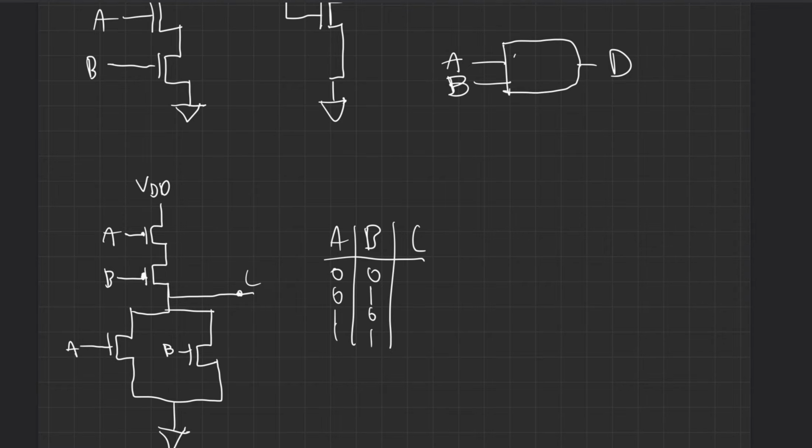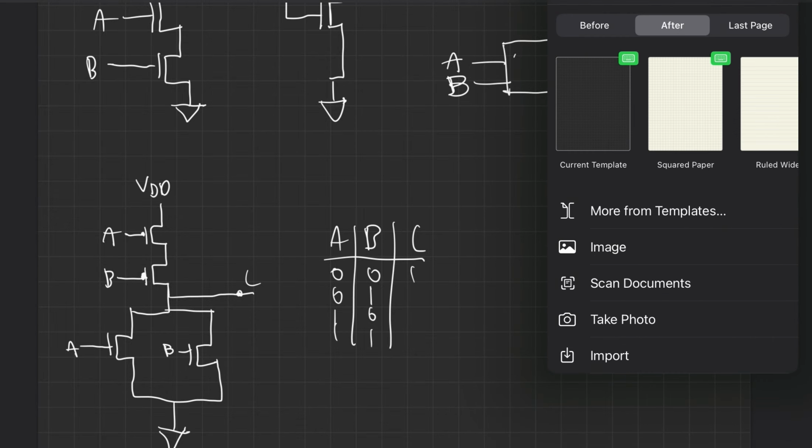Okay, this is going to allow current to flow, and this is going to get blocked. Both of these, since they're parallel. So that's 1.